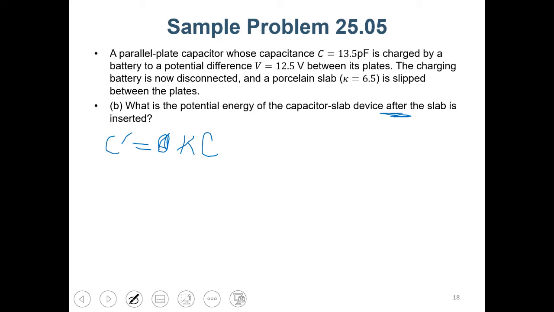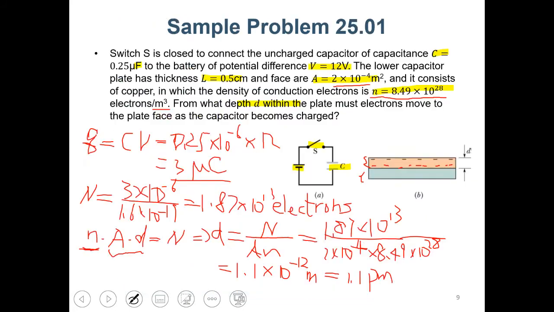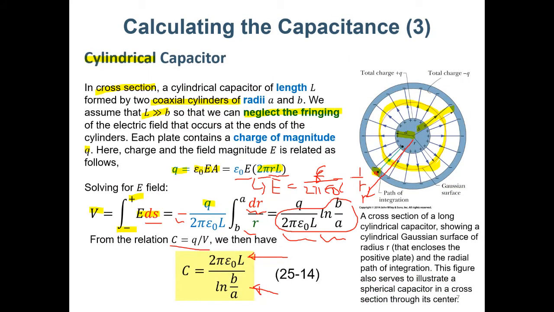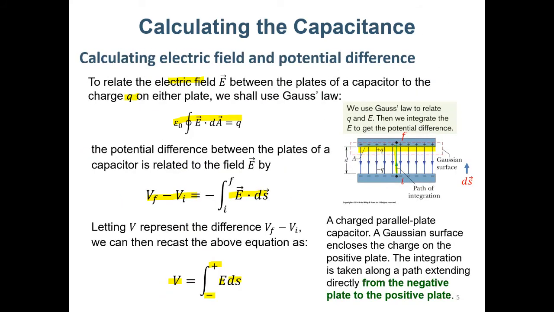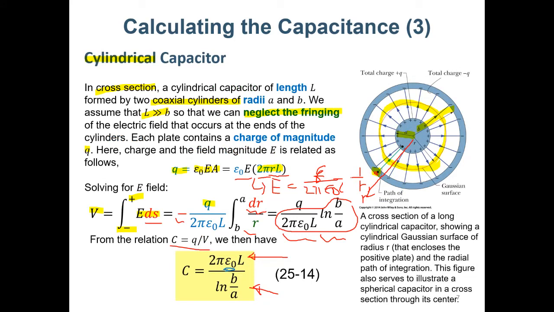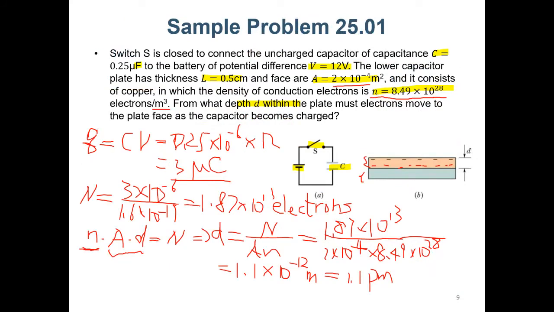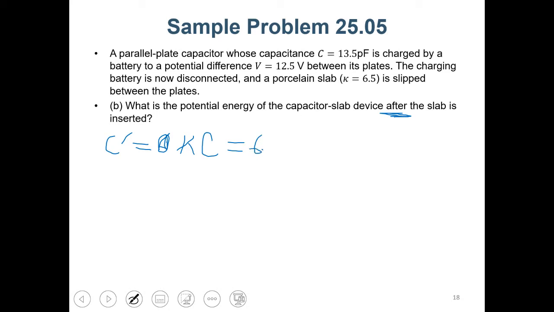No matter which one it is, for a parallel plate capacitor, all of them are proportional to epsilon naught. So if you replace epsilon naught with kappa epsilon naught, C will become kappa times larger. So it is 6.5 C.